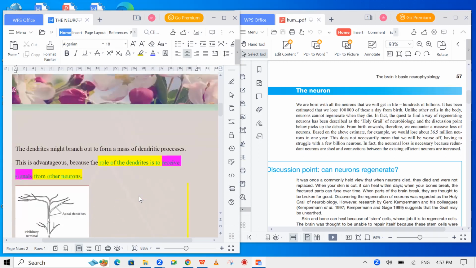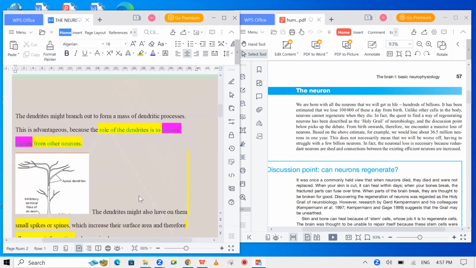Dendrites are the branches at one end of the cell, and their role is to receive signals. So dendrites receive the signals, and the axon sends these signals. The axon is sending and the dendrite is receiving.